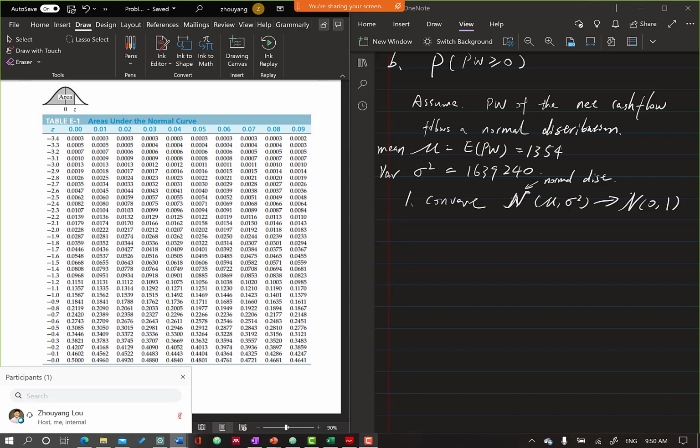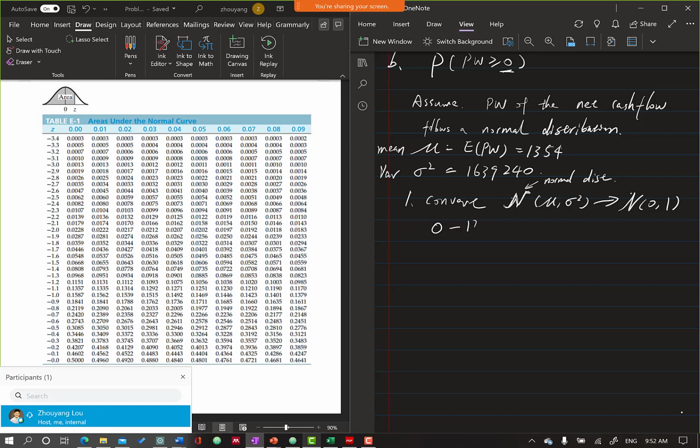So to do this conversion, we have to know where is the number we want to be compared with. So in this problem, we're comparing this 0. So we're gonna put 0 here, minus the mean, and divided by the standard deviation.